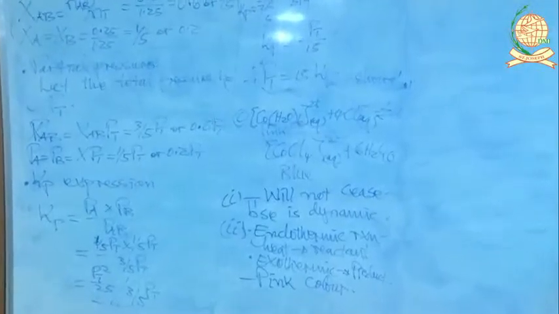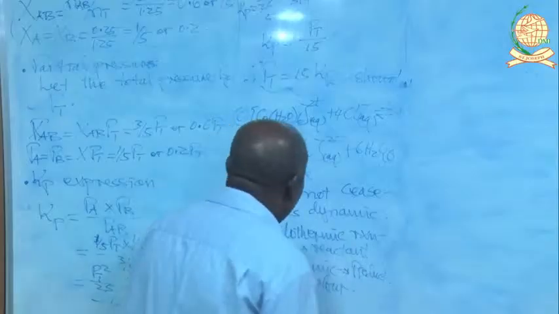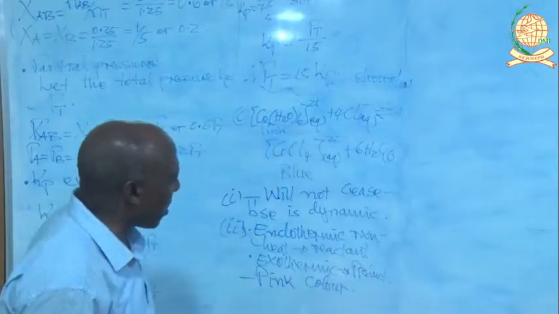Now the last part of question number 8 is to identify one way of reversing the change caused by cooling the reaction. As I said, if we cool the reaction and our reaction is endothermic, you will favor the reverse reaction.